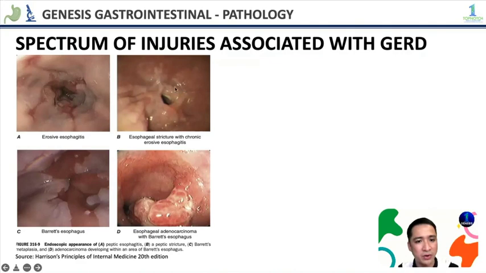You see here chronic erosive esophagitis, Barrett esophagus, wherein there is intestinalization or intestinal metaplasia, a pre-malignant lesion, and followed by adenocarcinoma, usually adenocarcinoma of the lower third of the esophagus.